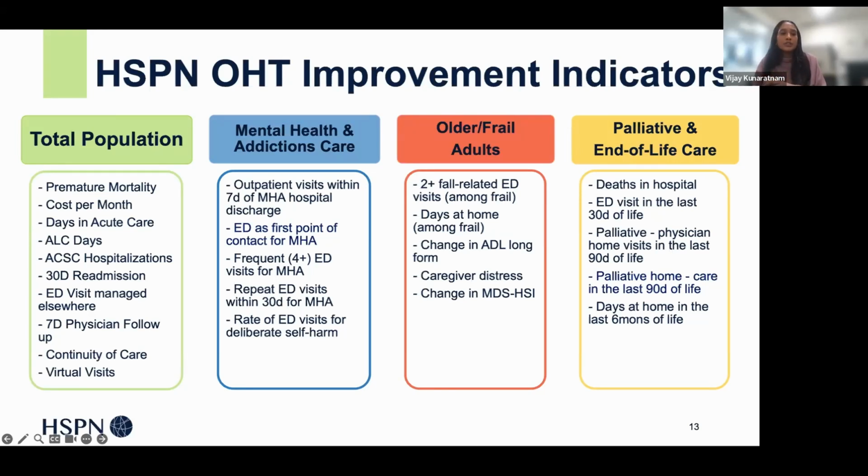Then moving on to mental health and addictions care indicators, we look at things like the number of patients that had frequent, so more than 4, ED visits for MHA, as well as repeat ED visits for mental health. For older and frail adults, we again have 5 improvement indicators. We look at falls, ED visits related to falls, as well as caregiver distress. And lastly, for palliative and end of life care, we look at things like deaths in hospital and ED visits in the last 30 days of life.